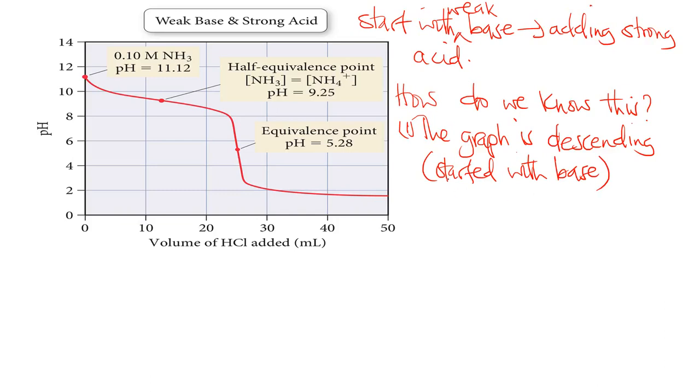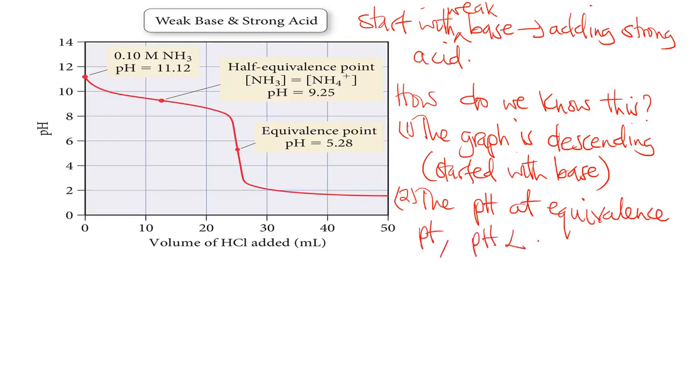The second reason to tell you that you are adding a strong acid to a base is that the pH at the equivalence point will be less than 7.